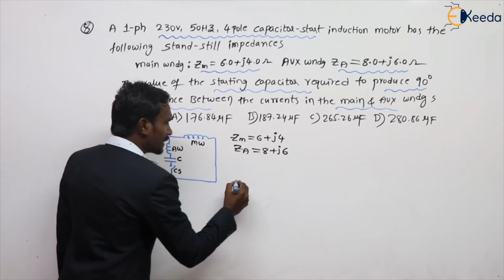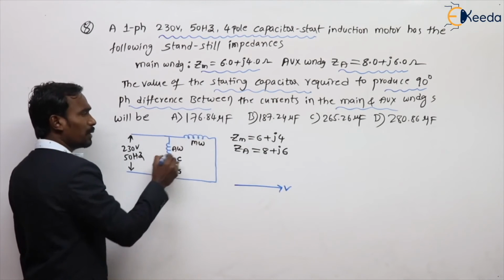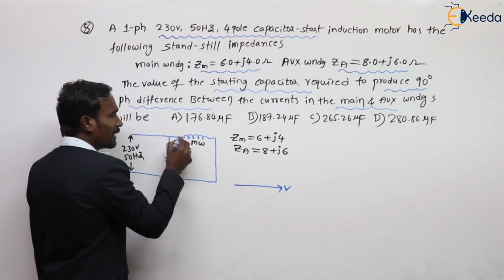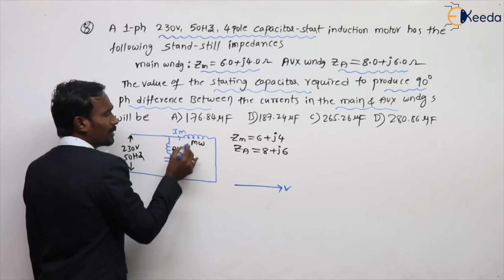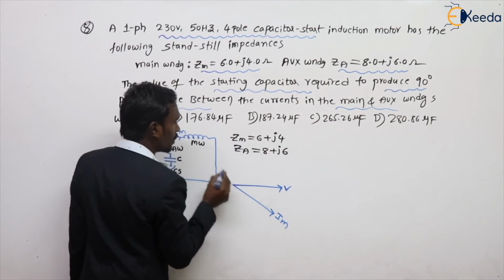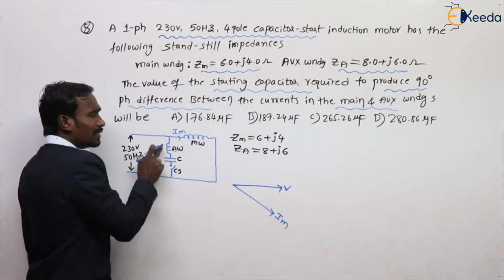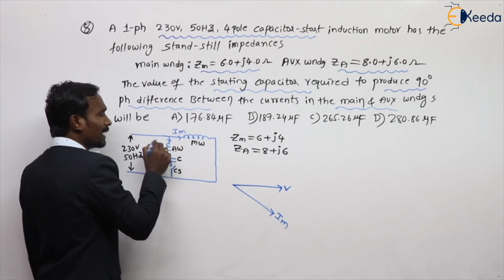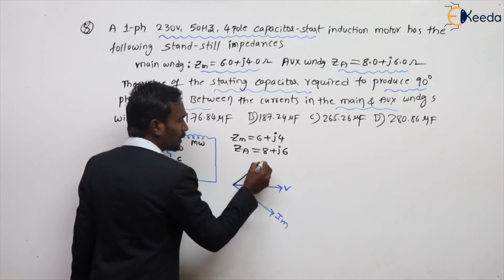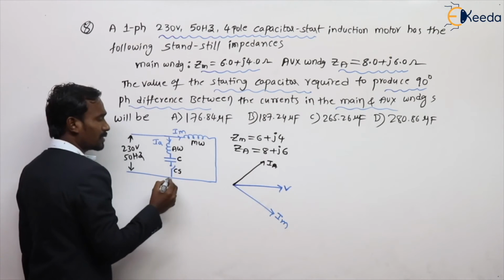Now take the vector diagram for this. This is voltage V. This V is common for both because these are in parallel. And here the current is Im. This Im is lagging the voltage because of the inductance. And this is the auxiliary winding current Ia. Actually, this Ia leads the voltage because of the capacitor.